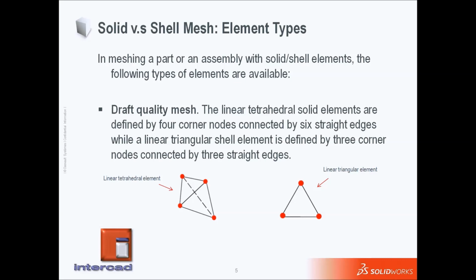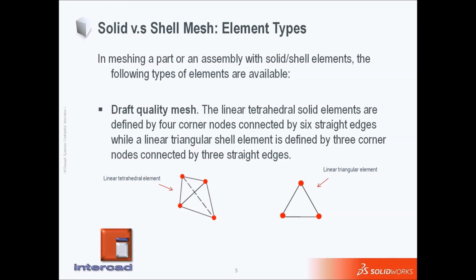Draft quality mesh, in the case of solid meshing, uses linear tetrahedral solid elements, defined by four corner nodes connected by six straight lines, while the triangular shell element is defined by three nodes and three straight edges for the connection.